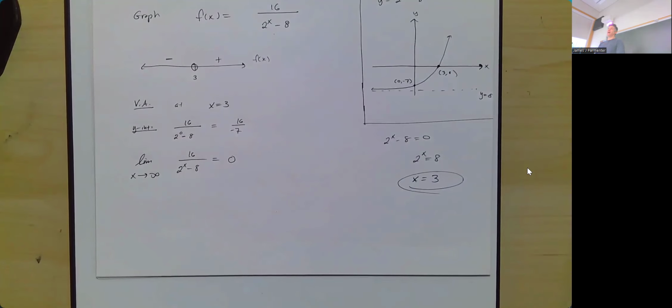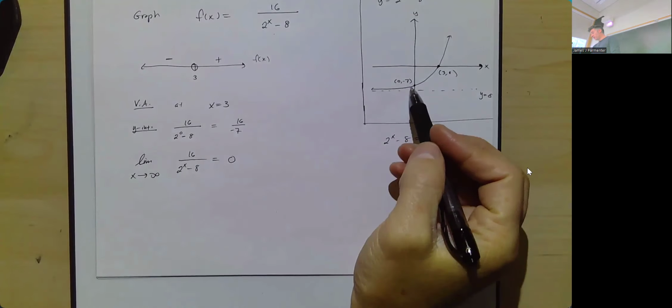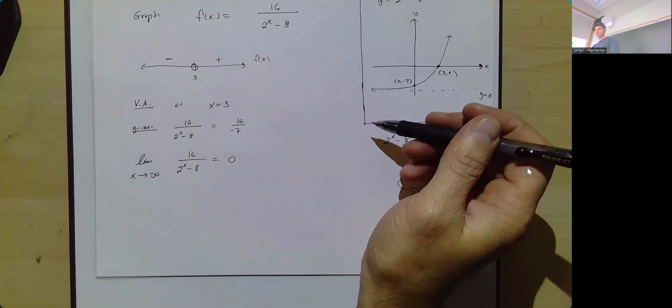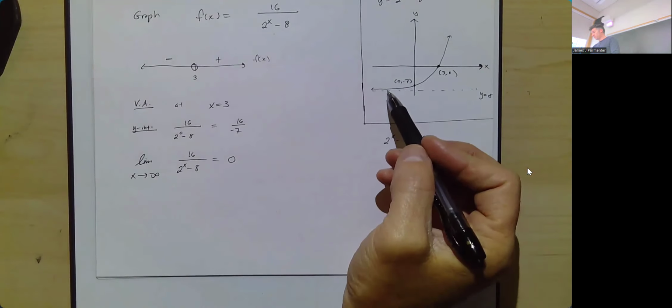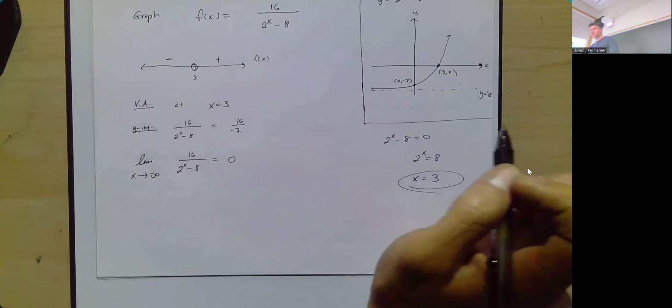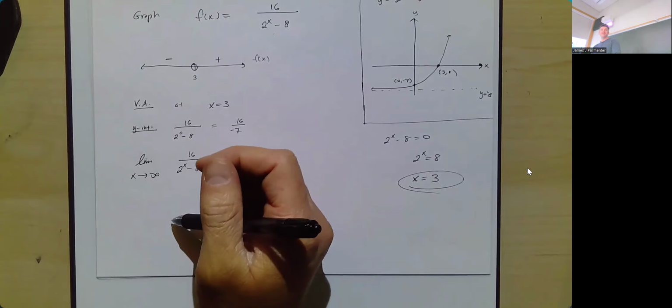On the other side of the graph, as x goes way, way, way to the left. Well, in this denominator graph here, as x goes to the left, the function gets closer and closer to, I know I wrote 8 there, there should be a negative sign there. The function gets closer and closer to what? Right.